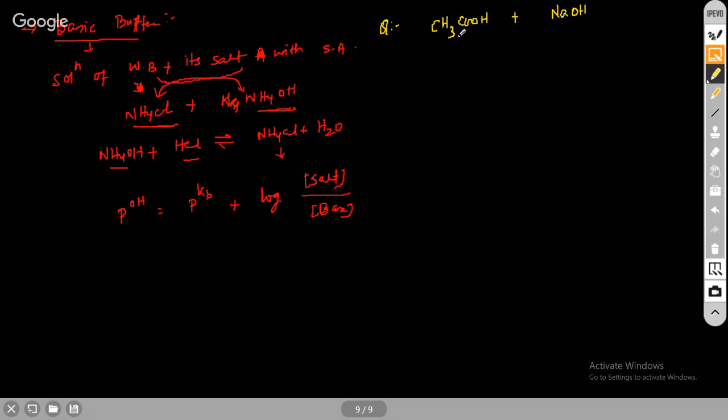See, they will not give you a weak acid and its salt with a strong base. That is the point I'm trying to make. It is acid and base only. You have to analyze whether, in the reaction mixture, the acid and its salt with strong base are present or not. Another thing given: the volume of the acid is 200 ml and the volume of the base is 100 ml. It is 0.1 molar and 0.1 molar NaOH.